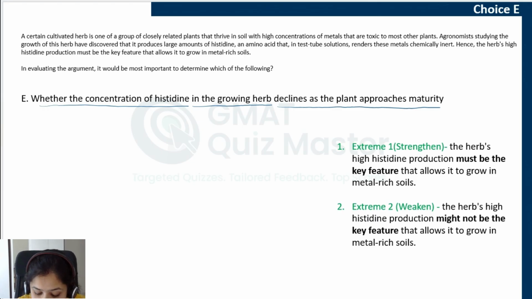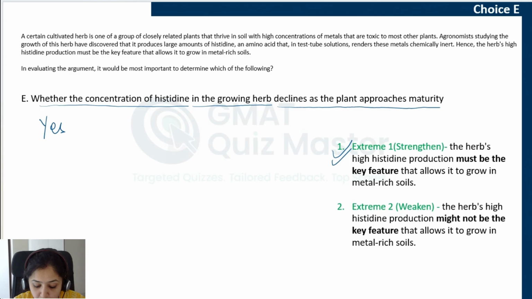Let's say yes, the concentration of histidine in the growing herb declines as the plant approaches maturity. That means that when the plant has matured enough, the level of histidine will reduce. So maybe histidine was something that was helping it grow in that soil. So this kind of strengthens the conclusion that high production of histidine may be the reason.